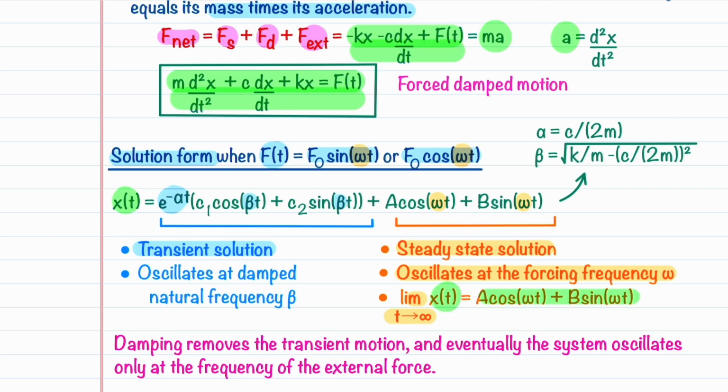Before we go on to our example, let's make sure we understand the main idea. The main idea is that damping removes the transient motion, and eventually the system oscillates only at the frequency of the external force.